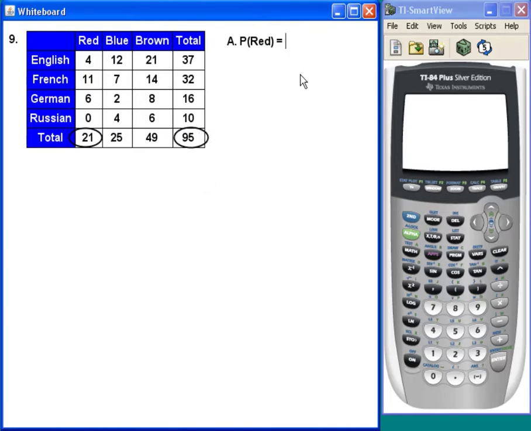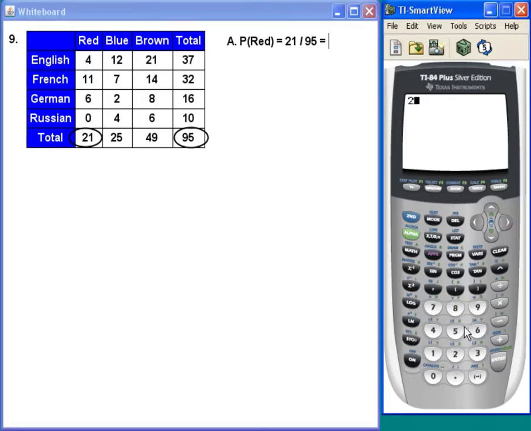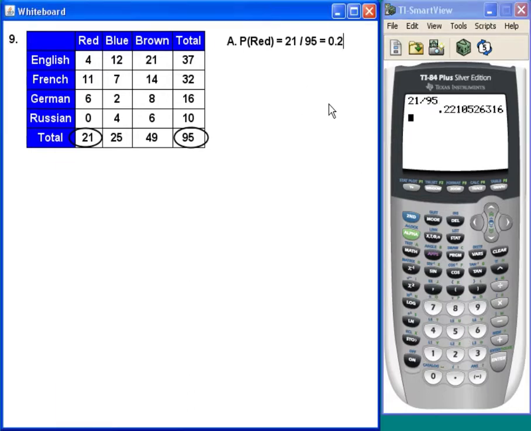So this is going to be 21 over 95, or approximately, 21 divided by 95 is 0.221. And it's pretty standard to use 3 decimal places for most probabilities, and that's fine.